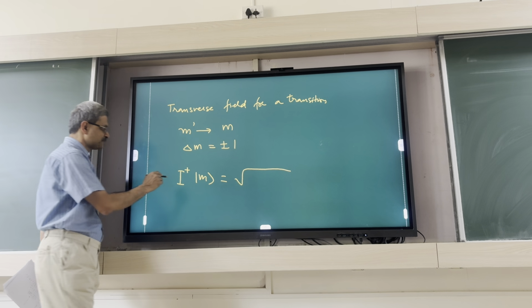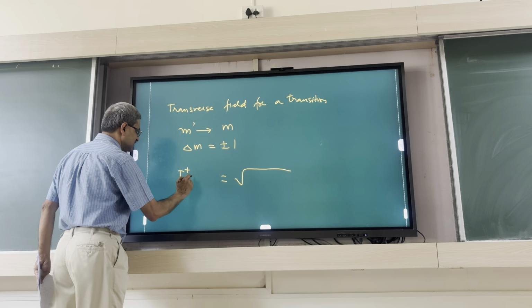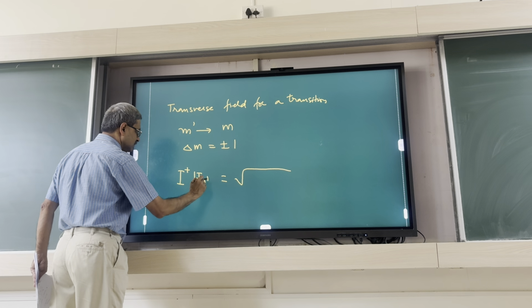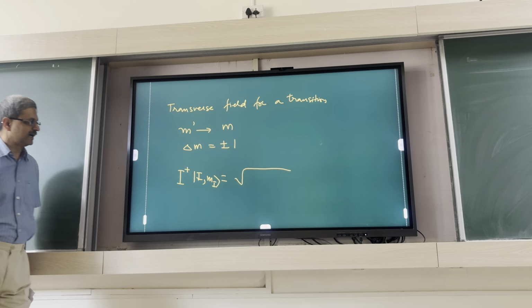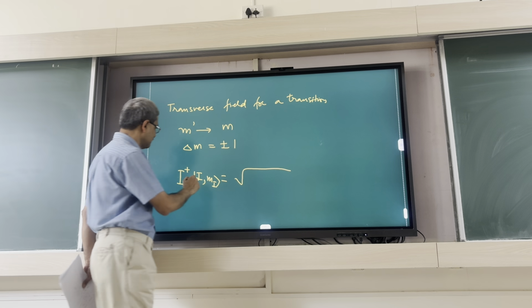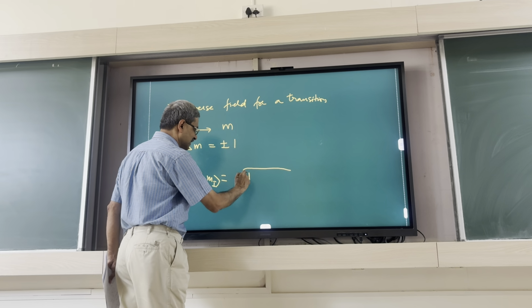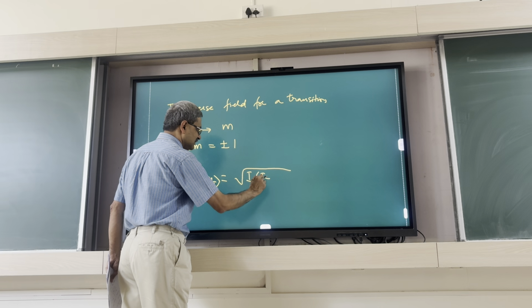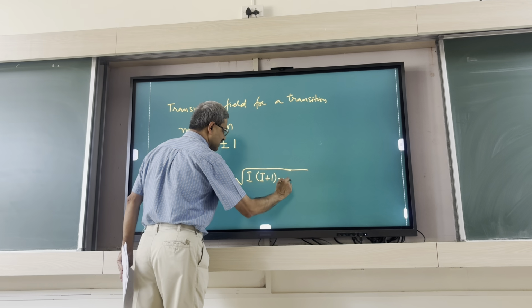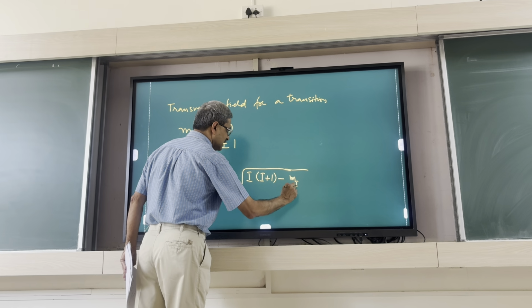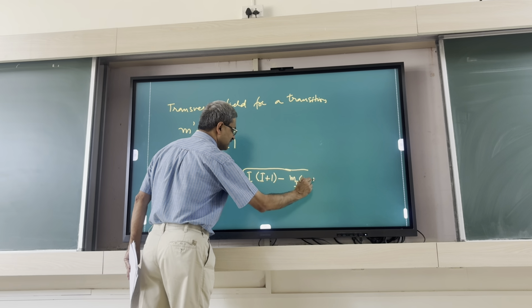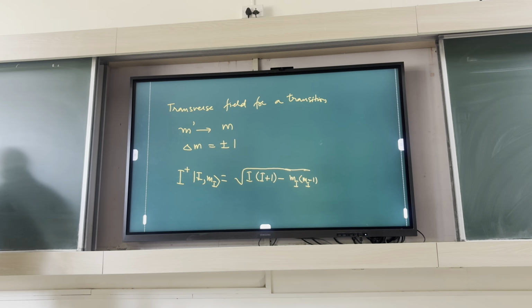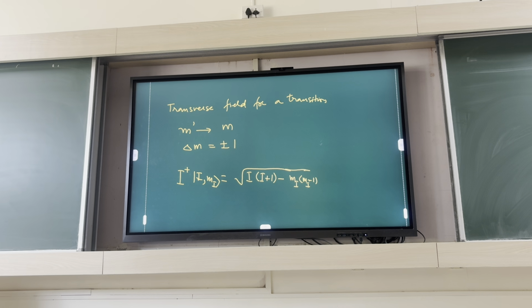Your state is, if I plus acts on this state, then what do you get? You get something like I times I plus 1 minus m sub I, minus 1, I forgot, plus 1.